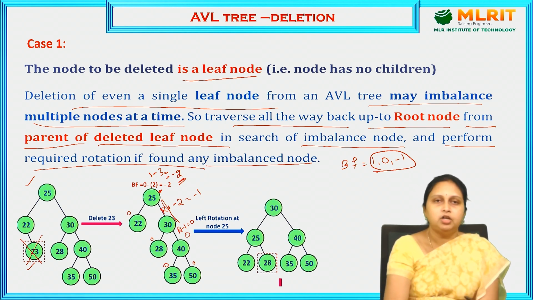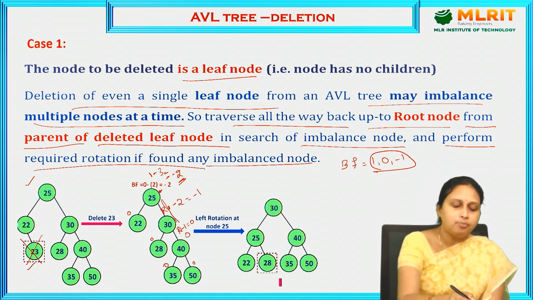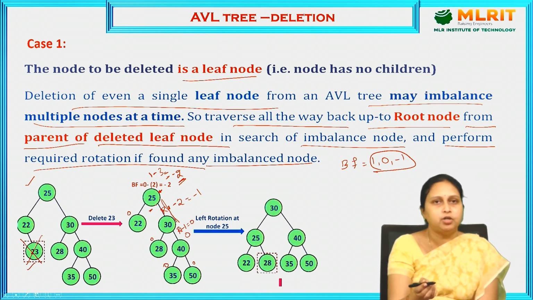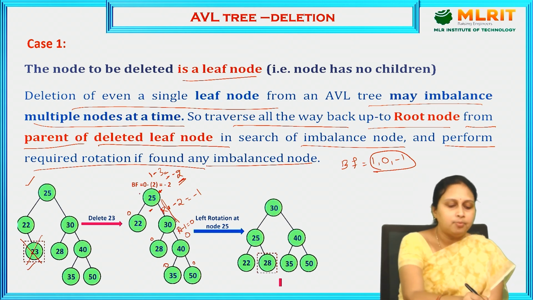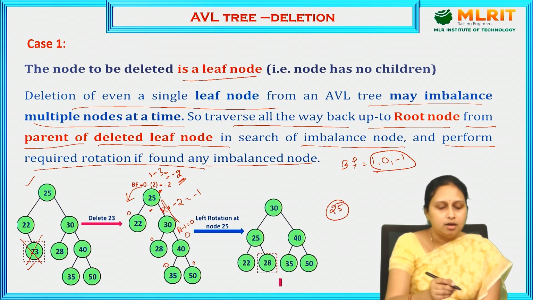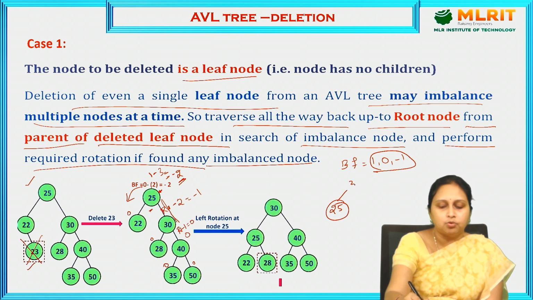So, we need to perform the left rotation. When I perform the left rotation on 25, what happens? I get 25 down, and 30 will be the root node and 40 will be the right of it.